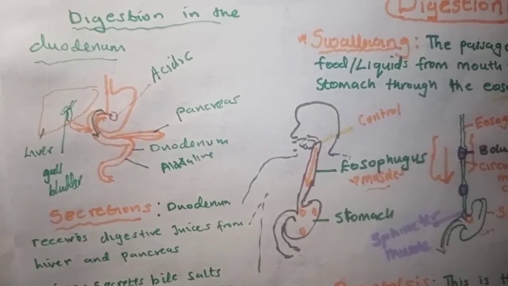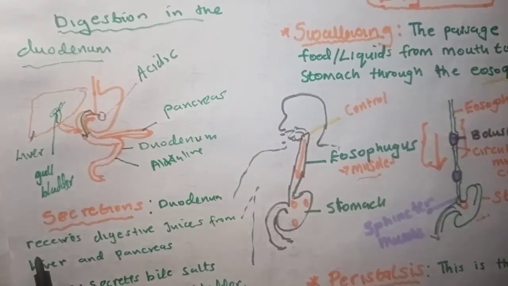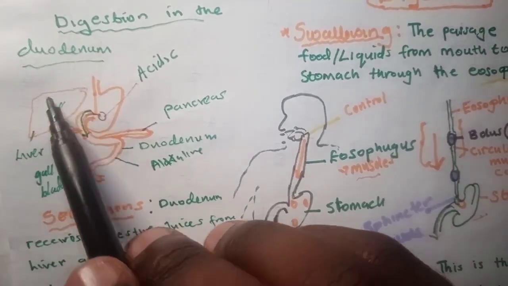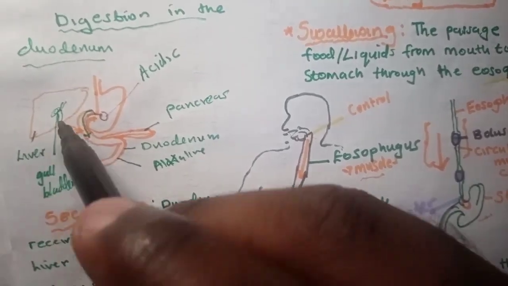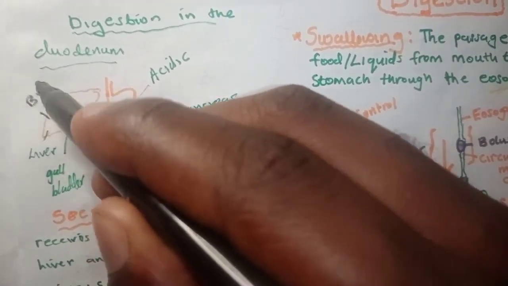There is one that comes from the liver. This is just a simple diagram illustrating. The liver produces a substance we call bile, and this bile is stored in the gallbladder.